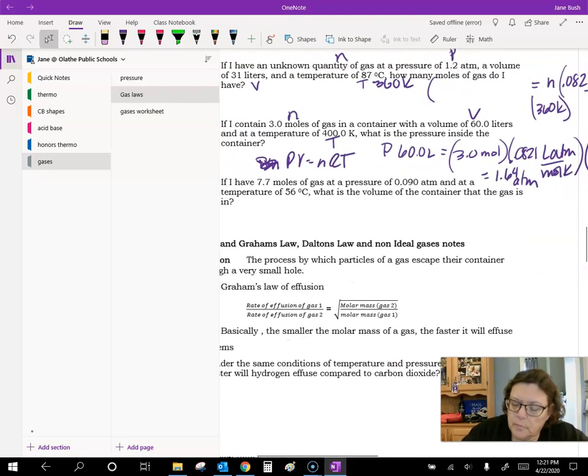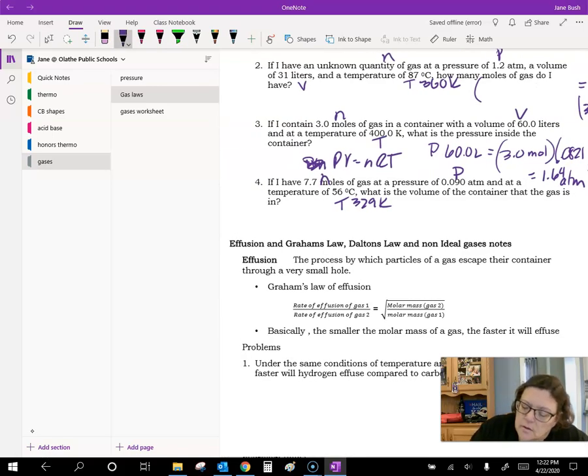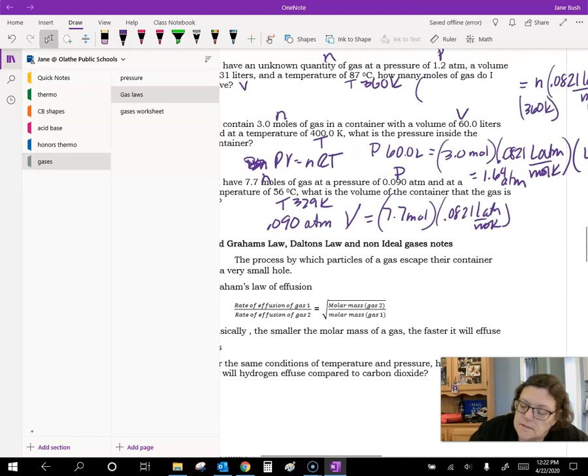Next one, we're going to solve for volume. So here is our number of moles, here is our pressure, here is our temperature, 56 plus 273, 329. What is the volume of the container? So we have 0.090 atm times volume is equal to 7.7 moles times 0.0821 liter atmosphere over mole Kelvin times temperature, which is 329.